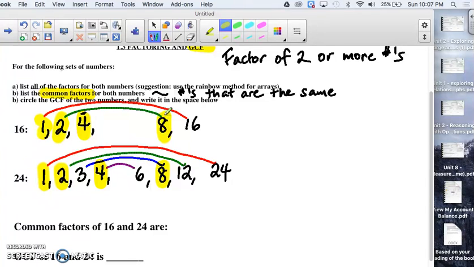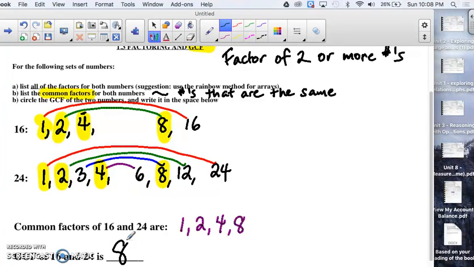Okay, so as you can see, I've highlighted, and I'm going to jot this down in pencil. I've highlighted 1, 2, 4, and 8 as being the common factors of 16 and 24. Which means that the greatest common factor of 16 and 24 is 8.